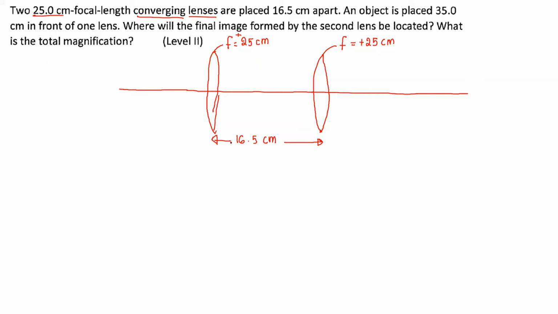An object is placed 35 centimeters in front of one lens. So what is your object? This one. So I'm going to draw your object in front of this lens, and it is 35 centimeters from the lens.